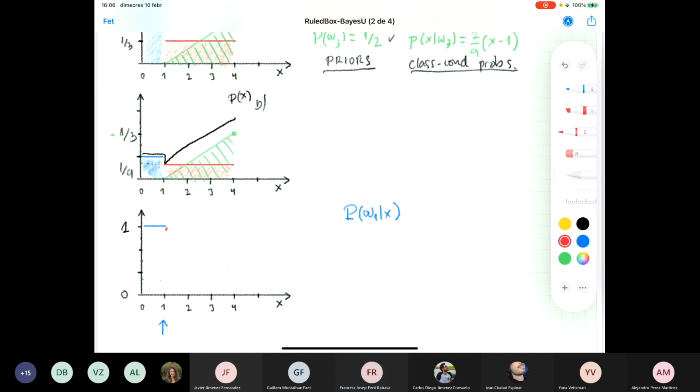And then at this point, the value of the red line is still 1/9. And the black line, if I'm not wrong, would be, I don't know, something like this value here.